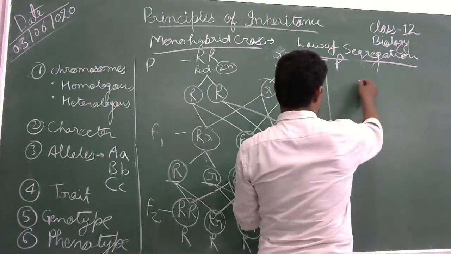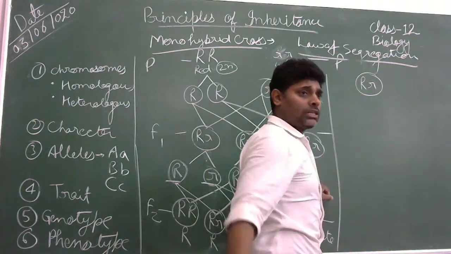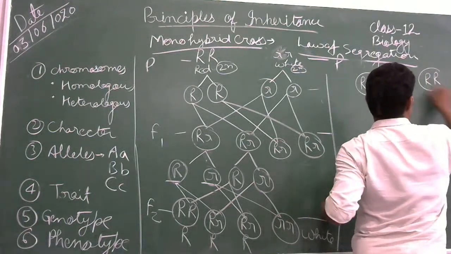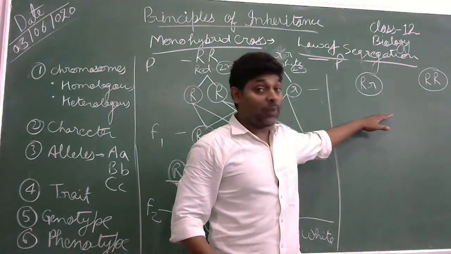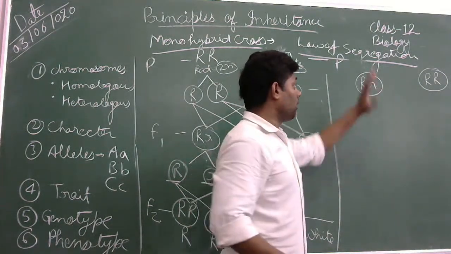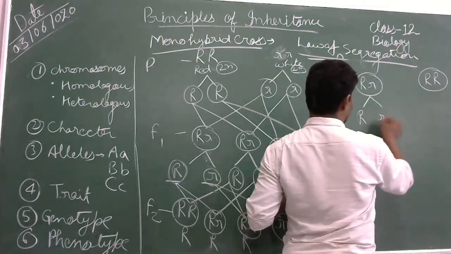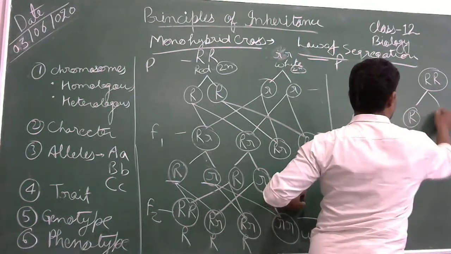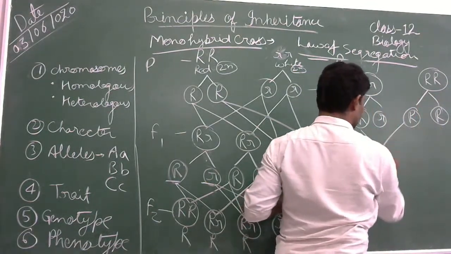There will be 2 types of cross. This is the F1 generation progeny, and this is the dominant parent. So here the gamete combination: capital R, capital R. What about the cross?